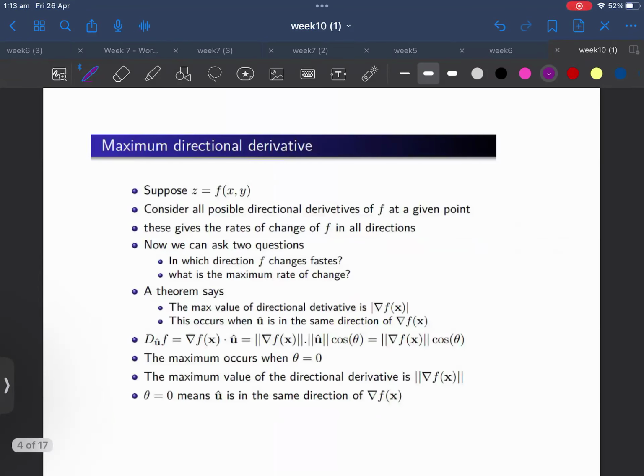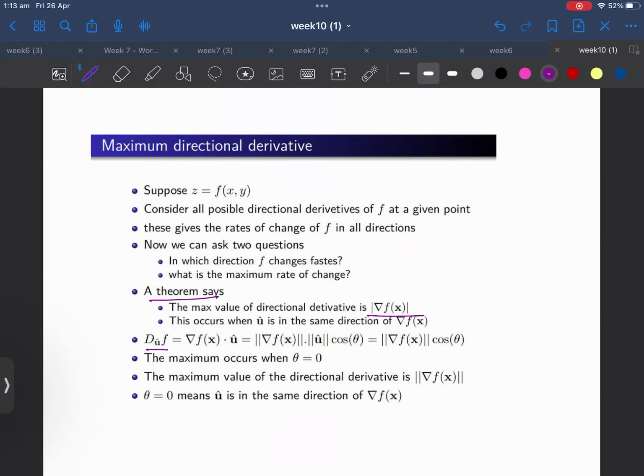Then the maximum directional derivative. The theory says the max value of the directional derivative is the magnitude of nabla f of x. This occurs when the unit vector is in the same direction as nabla f of x.